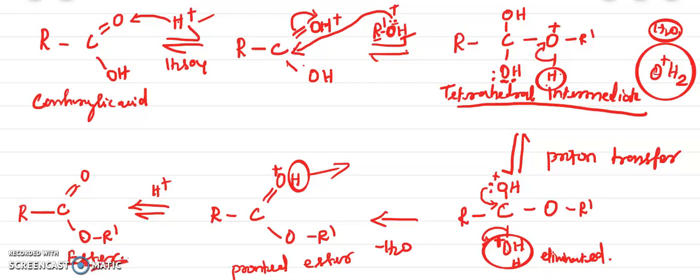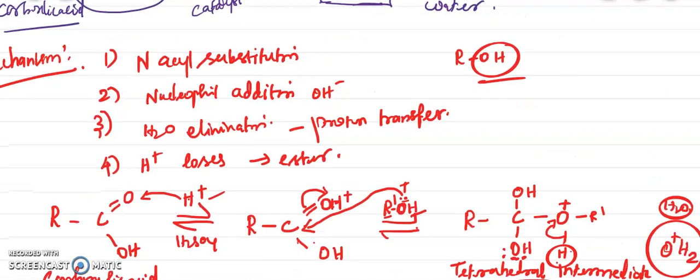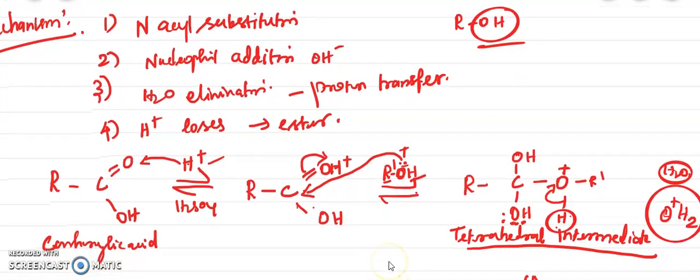So with the cleavage of the carbon OH bond, we got the product of esterification, according to the mechanism of esterification of carboxylic acid. These are the points you have to keep in your mind, so that you will get the mechanism easily. The steps are: the acyl substitution and nucleophilic addition of OH minus. Then the next step is the H2 elimination, that means the proton transfer will happen.